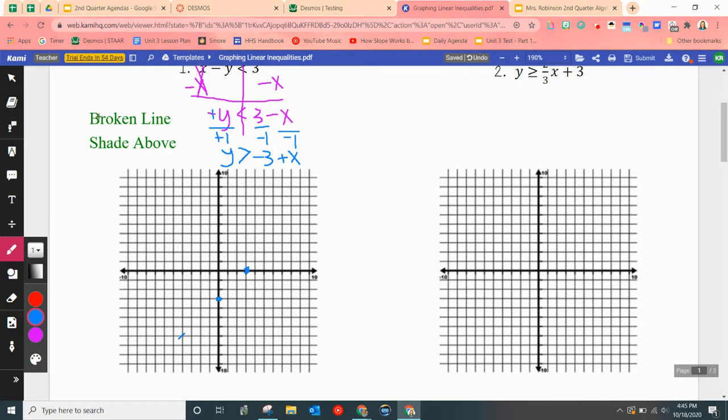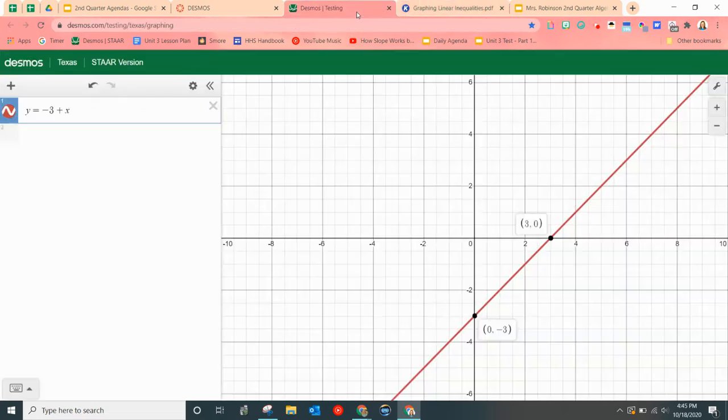Now, what did we say we needed to use? A broken or a solid line? We said we need to use a broken line because it is not equal to. We don't have the equal to. So we're going to just connect our line here the best we can. I know it's not going to be perfect. That's okay. We get the point. And we're going to always put arrows at the end. Make sure you always put arrows at the end of your line. That's important. So there's my line. And I got that by using Desmos.